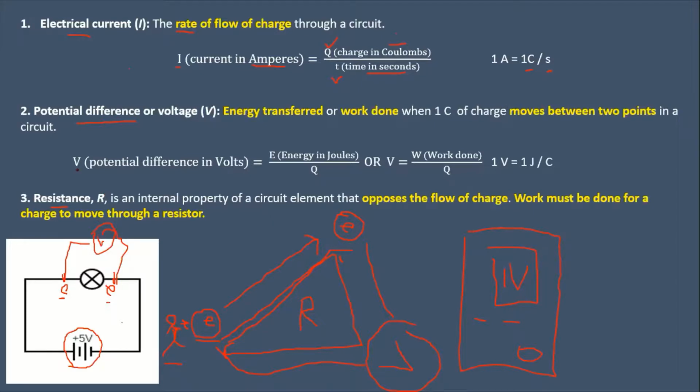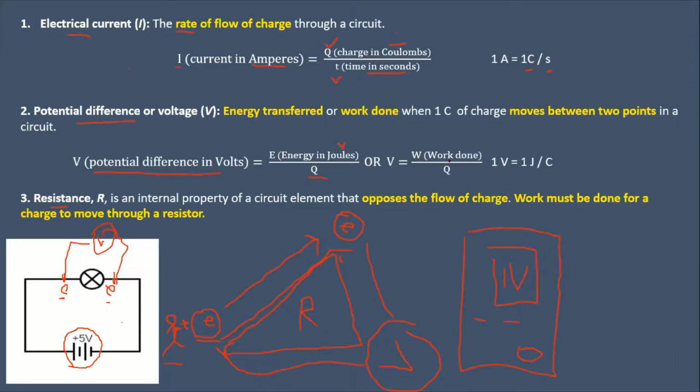And the equation that represents that is given by V equals E over Q. So potential difference is measured in volts. E is the energy, which is measured in joules, and Q is the charge, and we've spoken about it, it's measured in coulombs. Or we can say the work done per unit charge. It's either the energy transferred per unit charge, or the work done per unit charge.